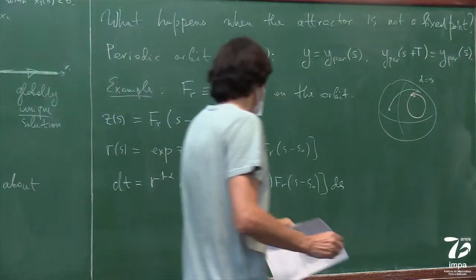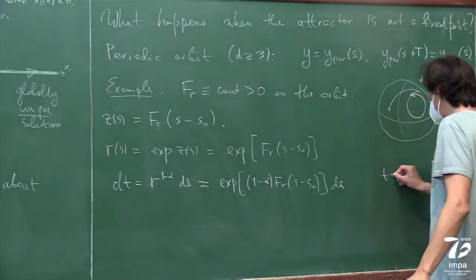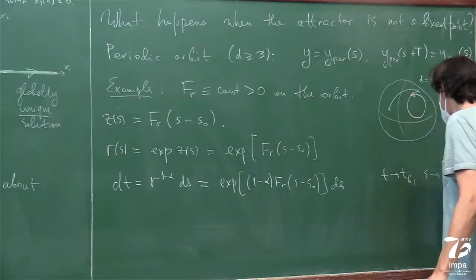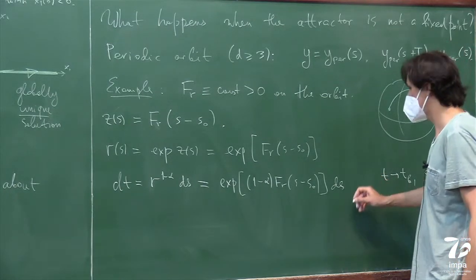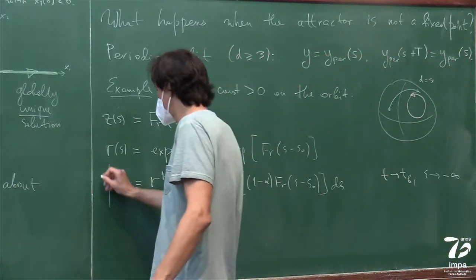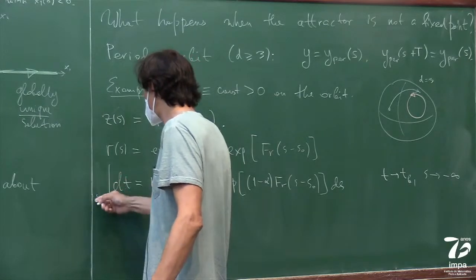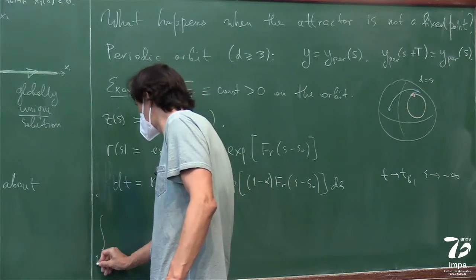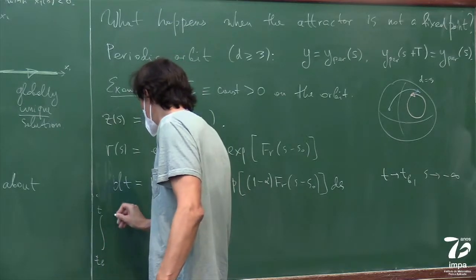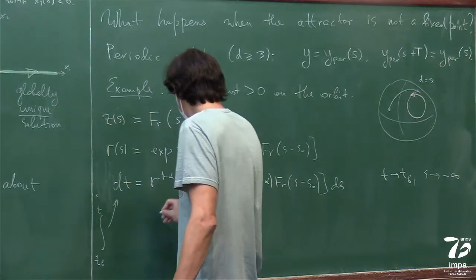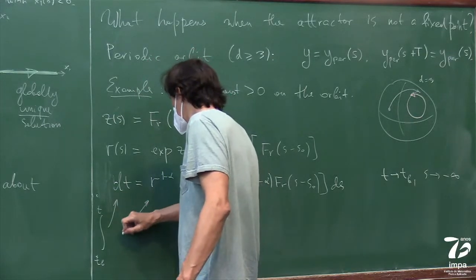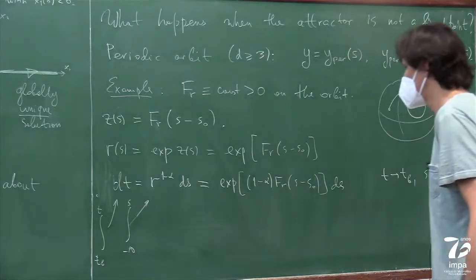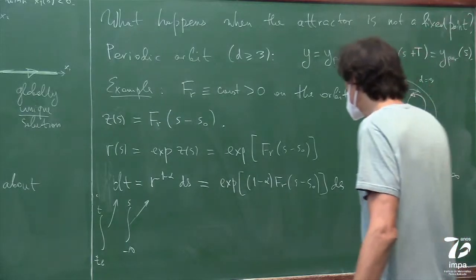So t goes to t_B when s goes to minus infinity, which means we can integrate this relation from t_B to t on the left, and from minus infinity to s on the right. Those are the same integrations for both sides.